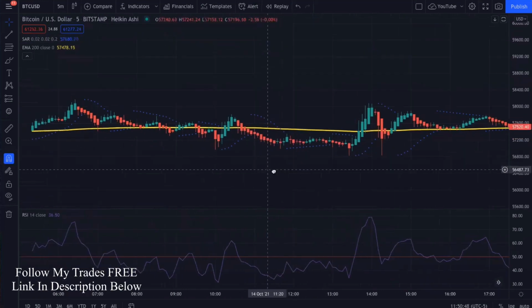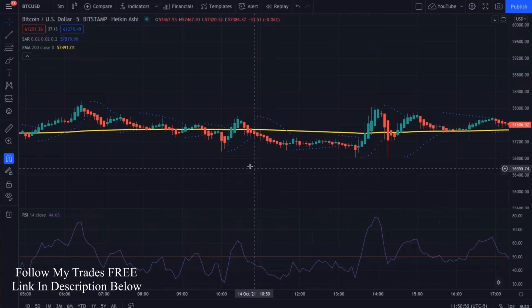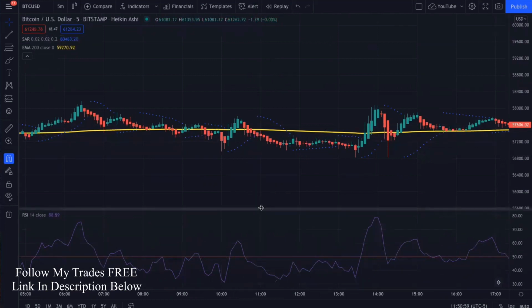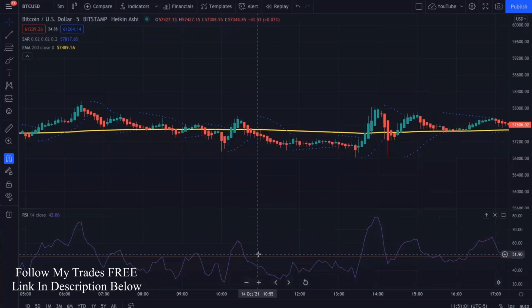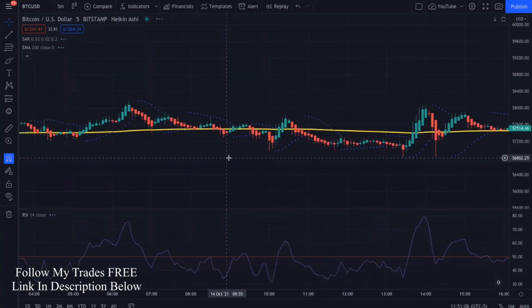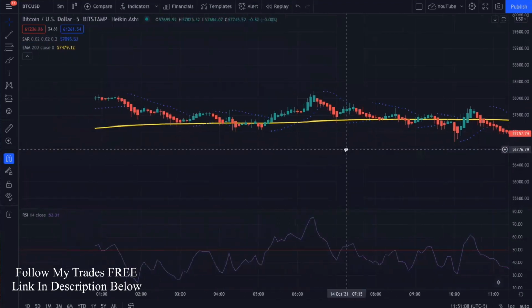Now, here's an example of going short on something like this. So the parabolic SAR shifts, the price action is below the 200 EMA, and then the RSI is below the 50 level right here. There's examples all over.